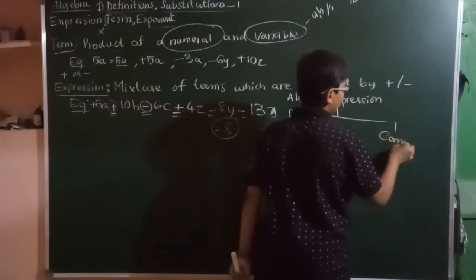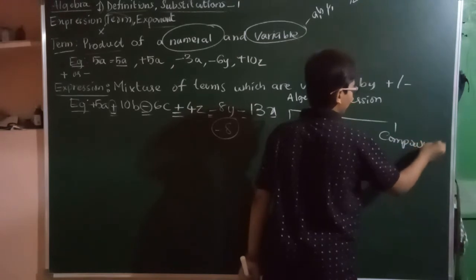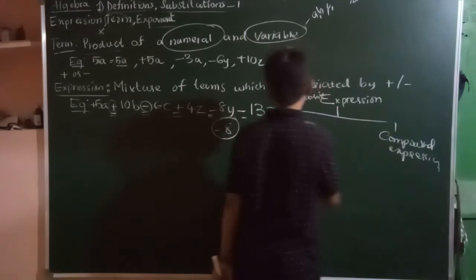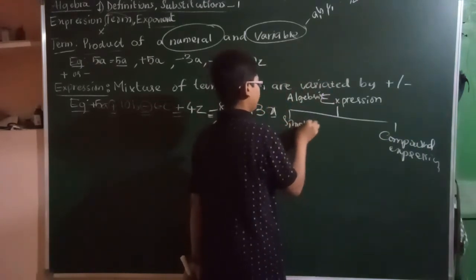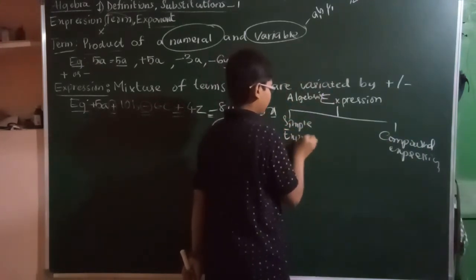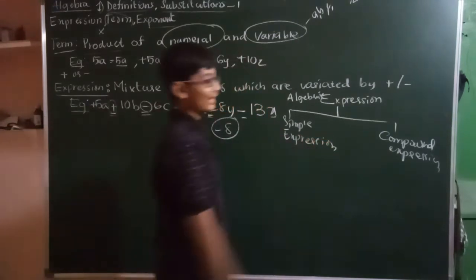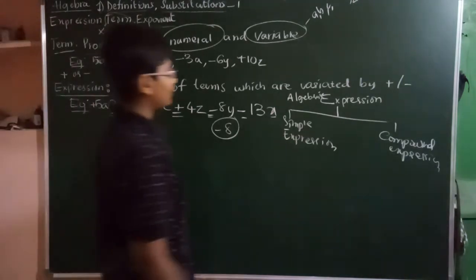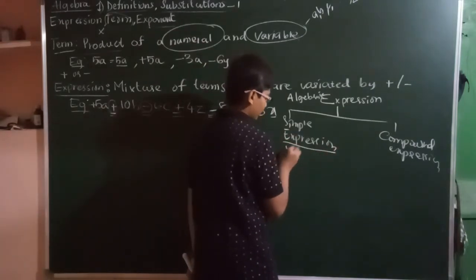Okay. What are the two types? Compound expression and simple expression. Okay, there are two types of expression. What are they? Nothing but compound expression and simple expression. Now simple expression is also known as monomial.